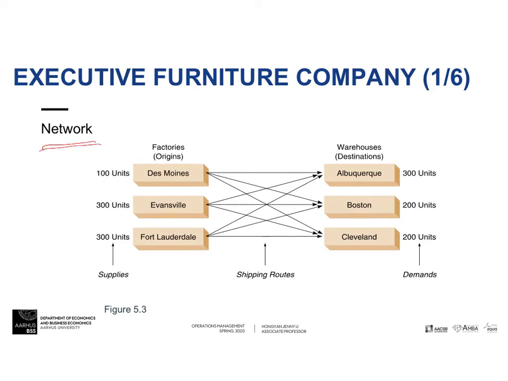You can see in this network, basically you have the origins and the destinations, and all the X's are in a single direction. All the items only move from the factories to the warehouses. So in other words, in this network, we have supply sides or supply nodes, and the warehouses are the demand nodes.